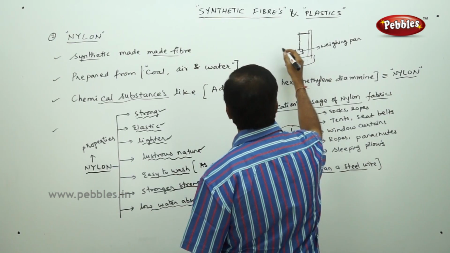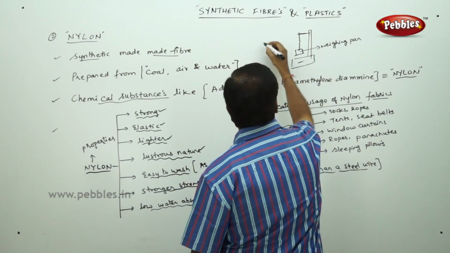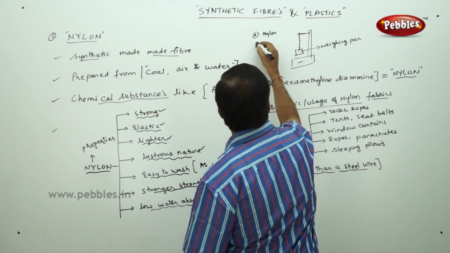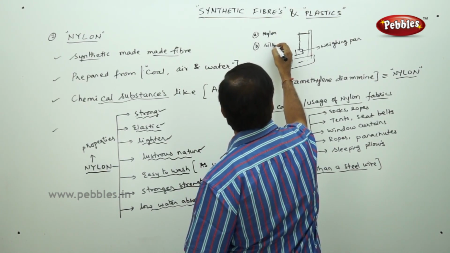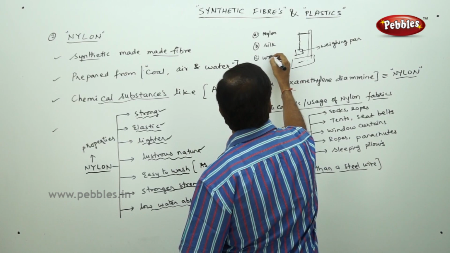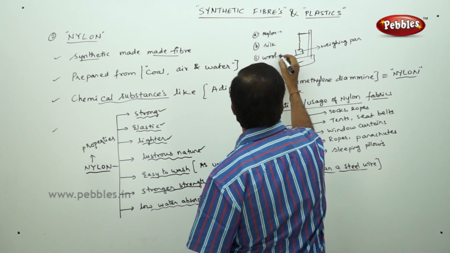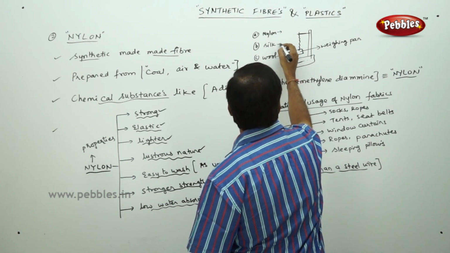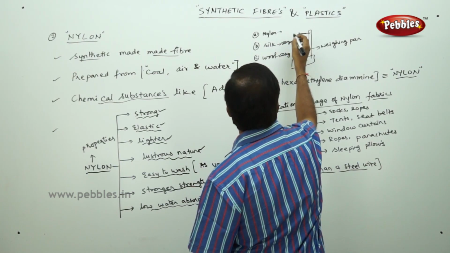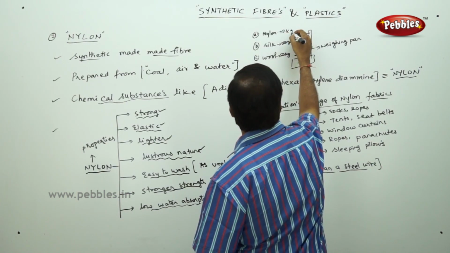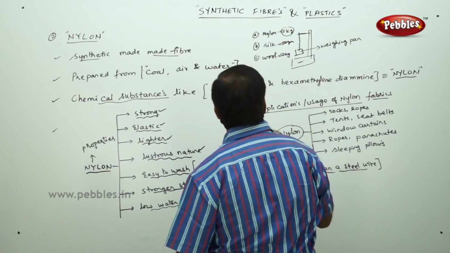You can take all three in order. In case A, you take nylon. In B you can take silk and in C wool. Among these three substances, suppose you take 500 grams here, and on the weighing pan you can take up to 2 kg of any solid mass.